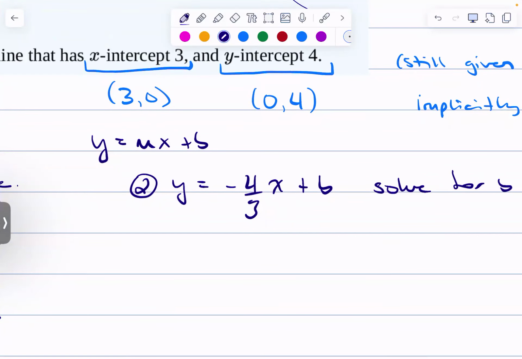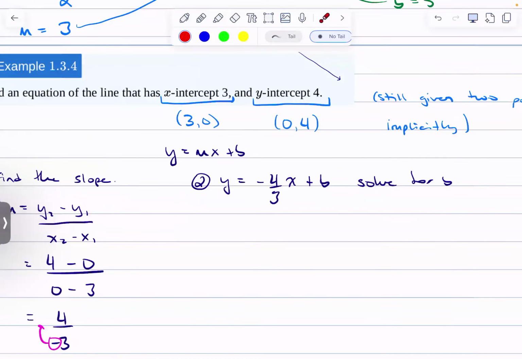This is where picking convenient values of x is going to come into play more. What's a convenient value of x? Something that is divisible by 3, right? 3 would be nice, because then you're able to eliminate that fraction. And so I'd use things like 3 or 6 or 9 as convenient values of x.